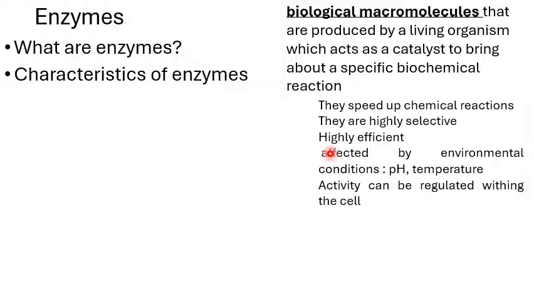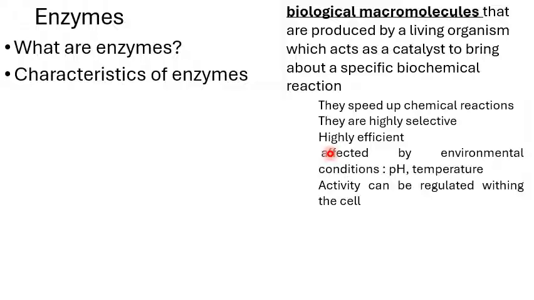They are also highly selective in their reactions within the cell. That is, they don't just act on anything, but they have a specific target. They have a specific reaction they catalyze. And these reactions are what the enzymes are actually synthesized for specifically.